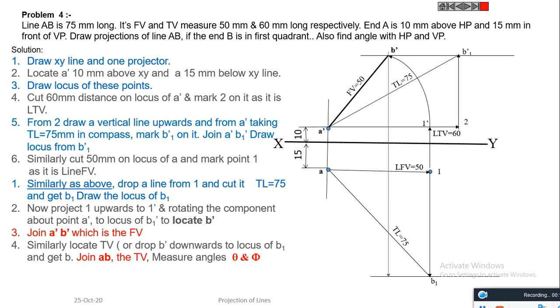Similarly, locate the top view: drop a line from B dash to the locus of this point to get the top view. So AB is the top view of the line. You can measure angle theta and phi as well.